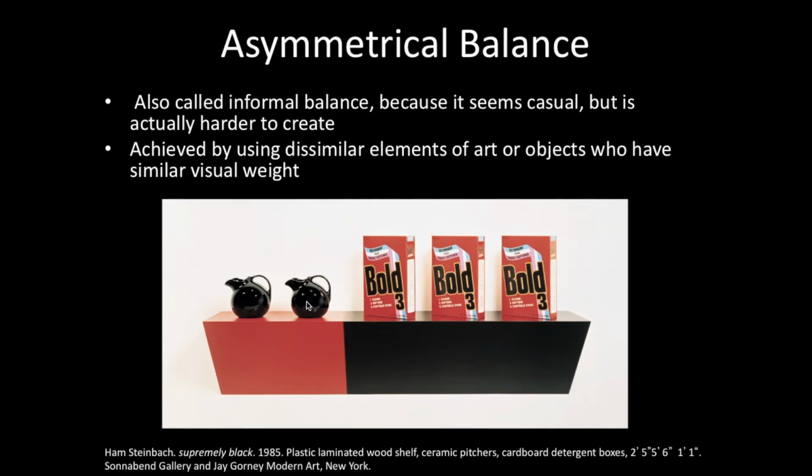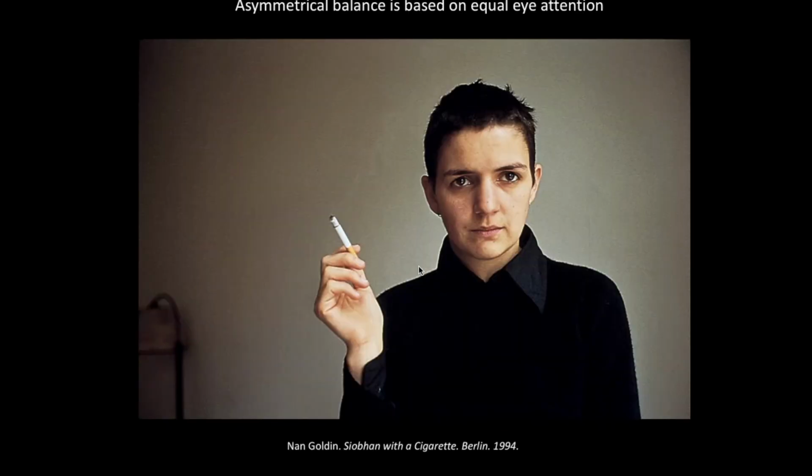This black is shiny, creating a little more attention. Also, the black objects are irregular, which creates more attention. And then these have a lot of words that want our eye to look at it. So we end up looking at this side and this side about equal, which makes it feel balanced.